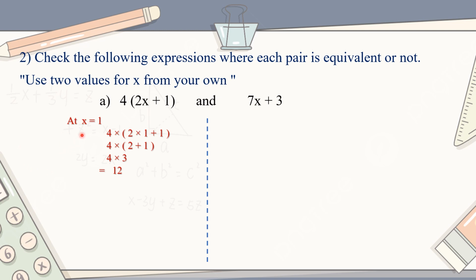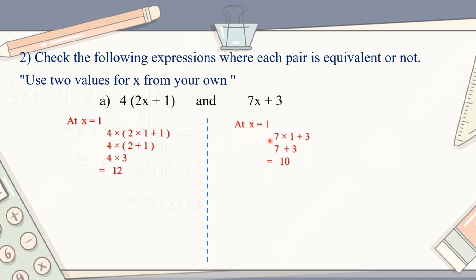We will take x equals 1 as the first value and replace x with 1 in the first expression: 4 times (2 times 1 plus 1). The operation inside the parentheses: 2 times 1 equals 2, plus 1 equals 3, so 4 times 3 equals 12.